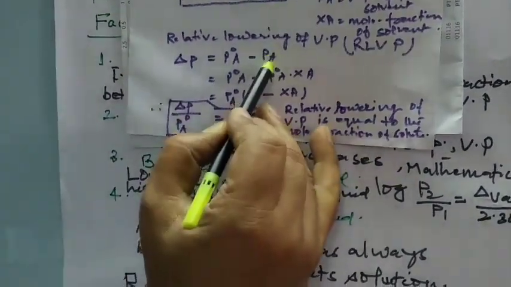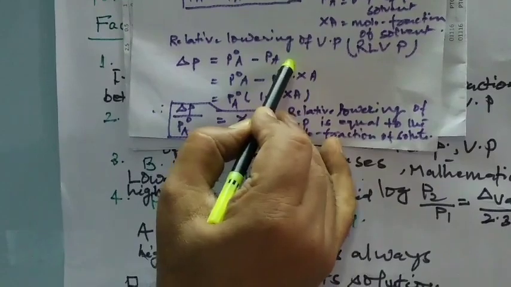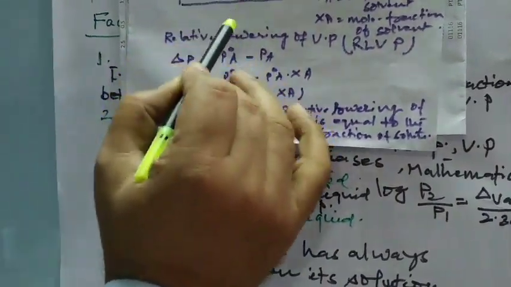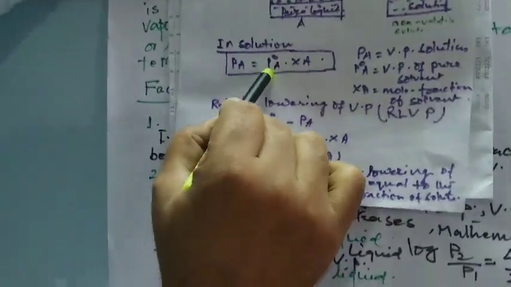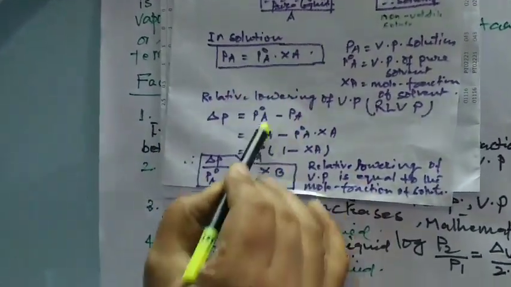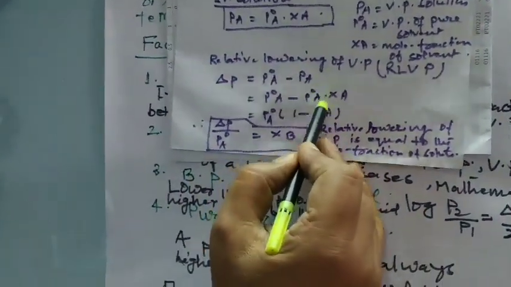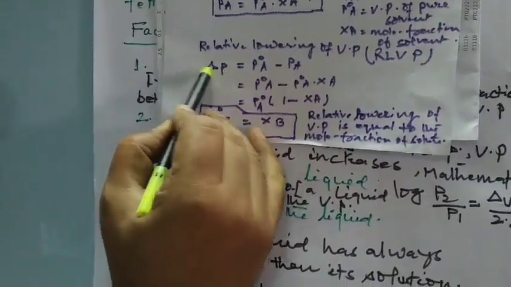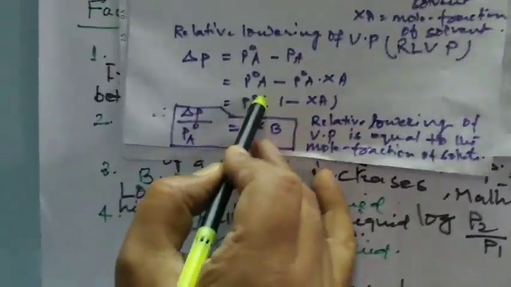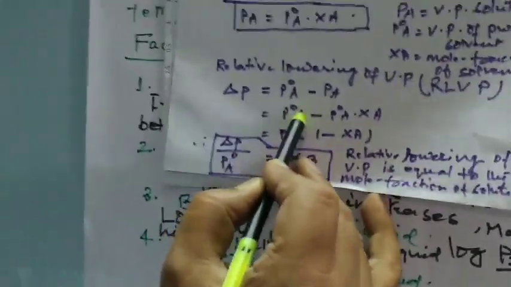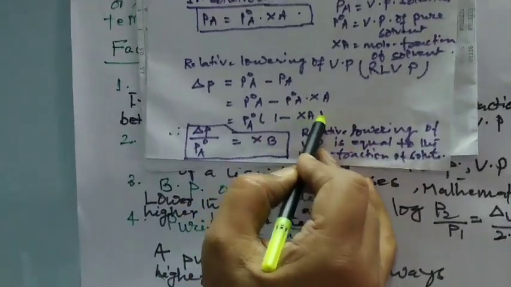Now substitute the value of PA. What is PA? It is the product of two terms, mole fraction of A into vapor pressure of pure liquid A. So replacing PA by P naught A into XA, we will have delta P, lowering of vapor pressure, equals to P naught A, take it as common, 1 minus XA.